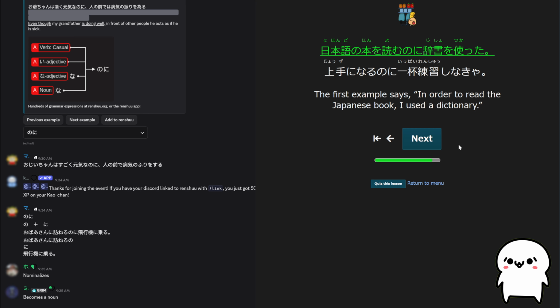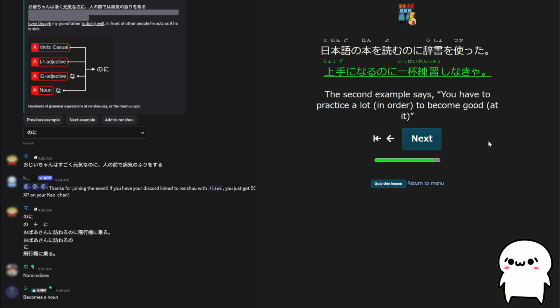And because we have this "in order to," we talked about the need of that second thing in order for the first thing to occur. This is noting, without saying it, that without that dictionary, I would not have read the Japanese book. I needed it. It's not that I could have read by myself, but I was using the dictionary to help me out. It's definitely that I needed this for this first thing to happen.